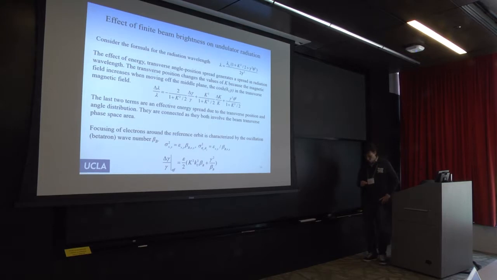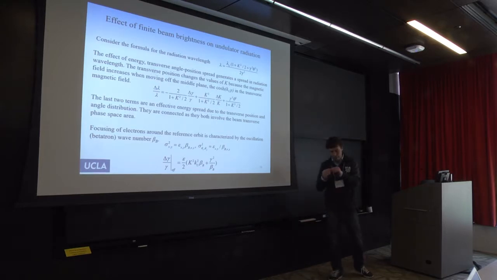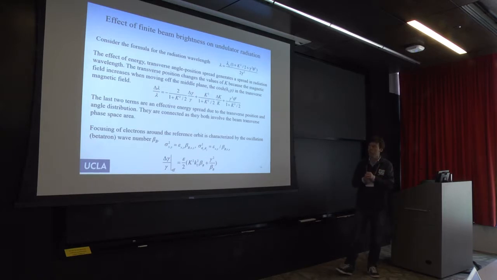Let us discuss now what happens when you have a spread in the electron position or velocities. How does the emission change? We have only considered so far a spread in the initial emission time, in the longitudinal emission time. So let's go back to the formula for the radiation wavelength.